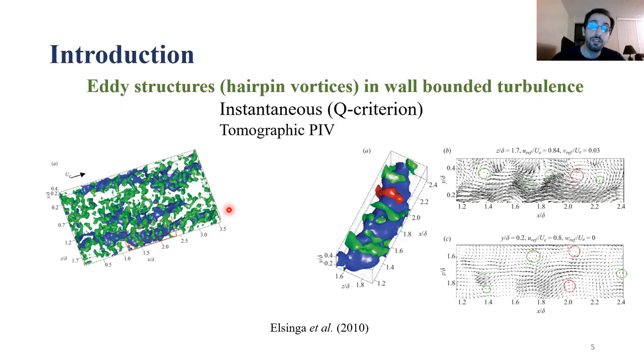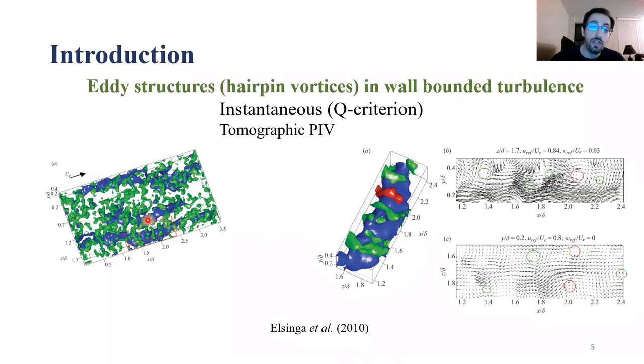Here, the Q criterion has been used to visualize the eddy structures, and the blue surfaces show the lowest speed region. The lowest speed region is where the velocity fluctuation is negative. Basically, the speed in the flow is lower than the mean velocity in the flow.